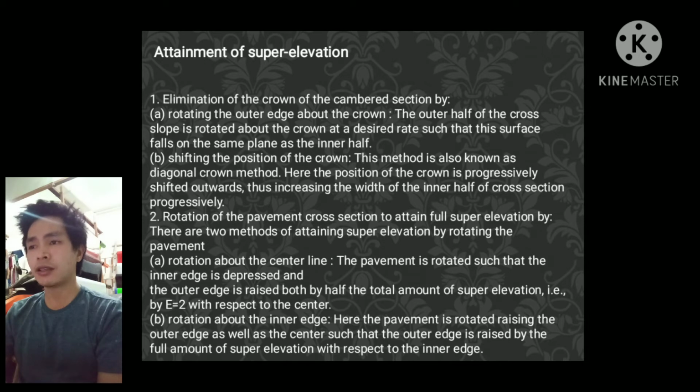The pavement is rotated such that the inner edge is depressed and the outer edge is raised, both by half the total amount of super elevation, i.e., by e by 2 with respect to the center. B. Rotating about the inner edge. Here the pavement is rotated, raising the outer edge as well as the center, such that the outer edge is raised by the full amount of super elevation with respect to the inner edge.